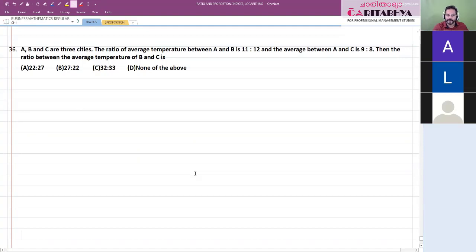A, B, C are 3 cities. The ratio of average temperature between A and B is 11 is to 12, and average temperature between A and C is 9 is to 8. Then the ratio between average temperature of B and C is? The answer.